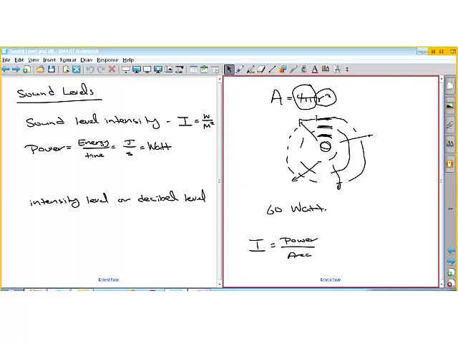The surface area of a sphere is 4 pi r squared. So that's the reason that intensity is the energy per unit area, and that's what we sense. We don't sense the actual energy transmitted from the source. It's the energy per unit area.